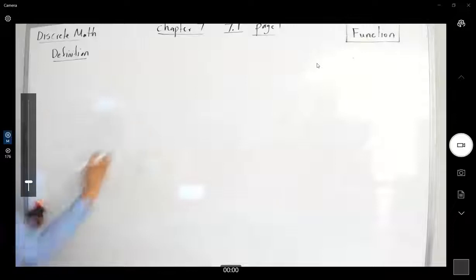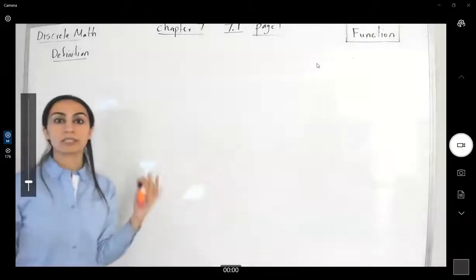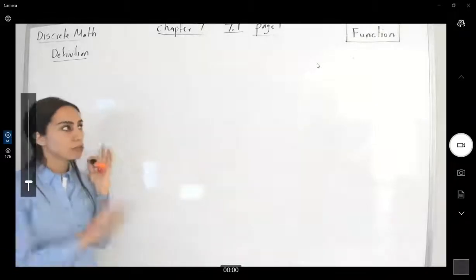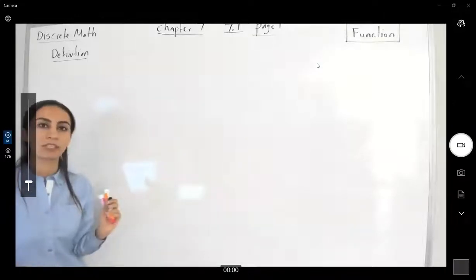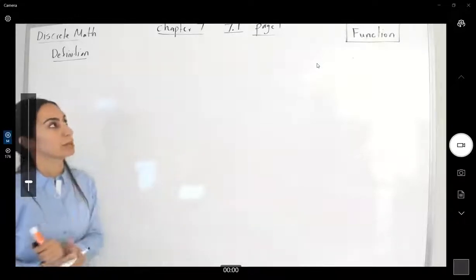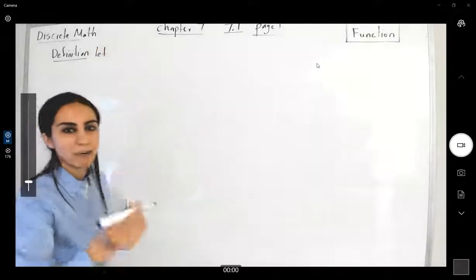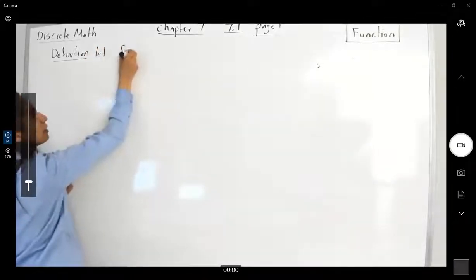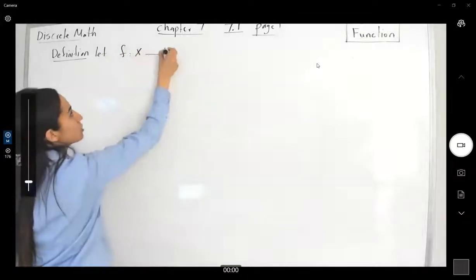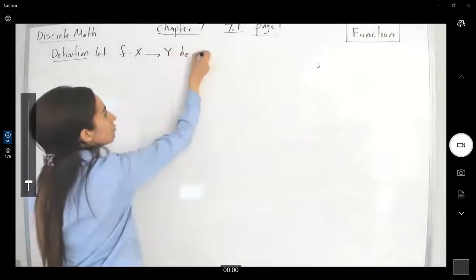When it comes to this chapter, we're going to deal with these definitions a lot, so I'm going to write all of them down here so you can distinguish between them. First of all, you need to have a function. Let f from X to Y be a function.